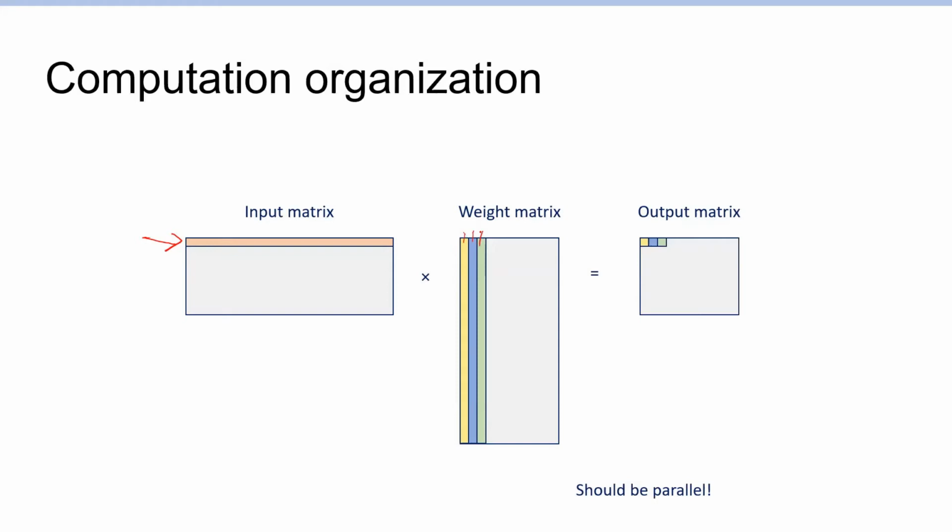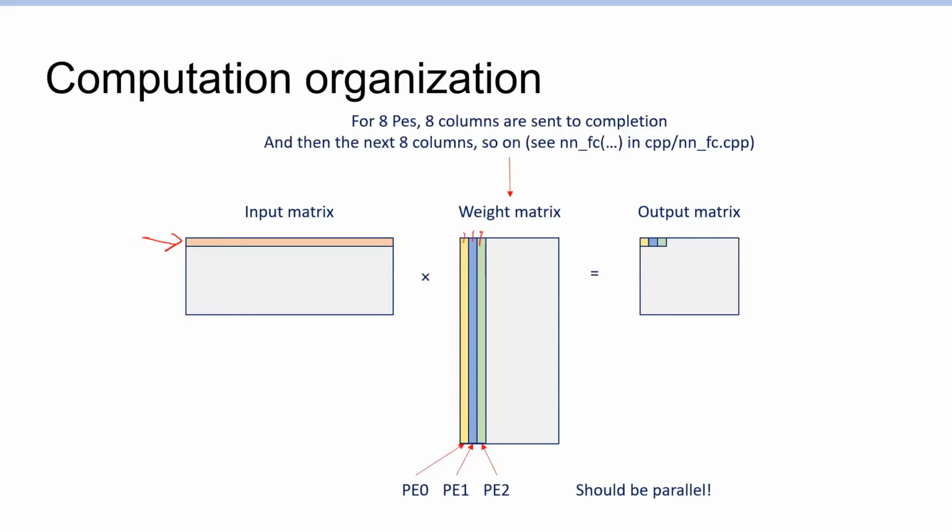And because columns of a weight matrix are assigned to PE0, PE1, PE2, and so on in a looping fashion, the output is also produced in a looping fashion. So for 8 PEs, 8 columns are sent to completion first. Say in this simple example, because now at this point it only shows 3 PEs, let's say we have 3 PEs.